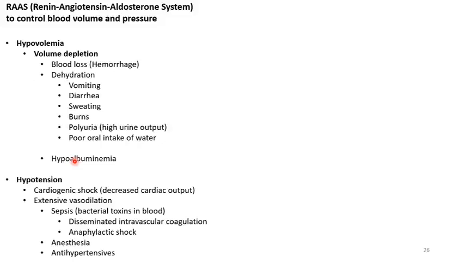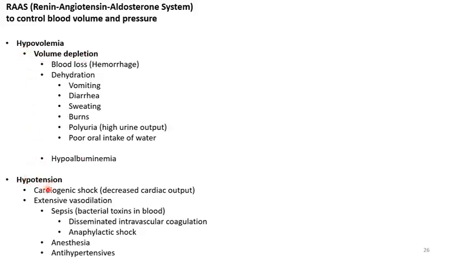We lose part of the fluid from the body because, by reduction of colloid osmotic pressure at the level of the glomerular capillary, GFR will increase and more urine will be generated and urine output will increase. In this way, we will experience volume depletion or hypovolemia.